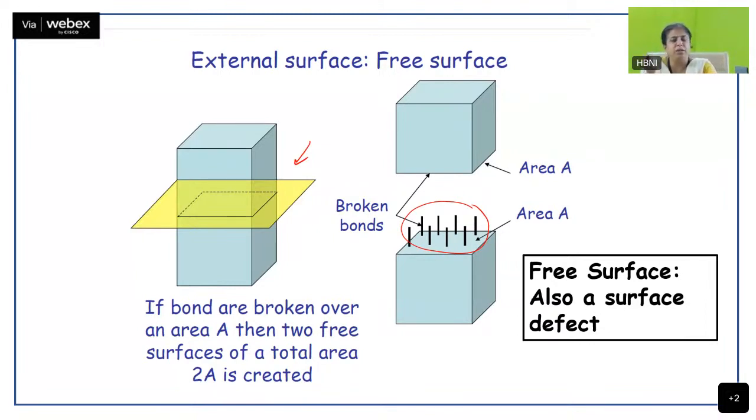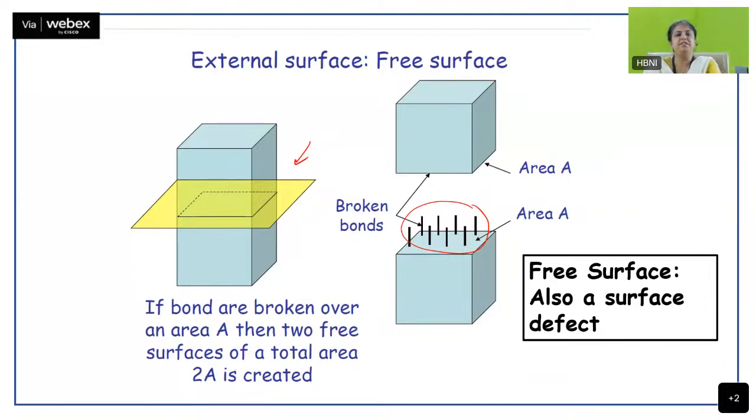Suppose you've grown the crystal, and I'm talking of, let's say, CCP or HCP. Inside your crystal, all the atoms are 11 or 12 coordinated, but the atoms on the surface will be less than 12 coordinated. All the bond valencies are not satisfied. When they're not satisfied, your surface is associated with high energy. It is a defect area. It is a surface defect.